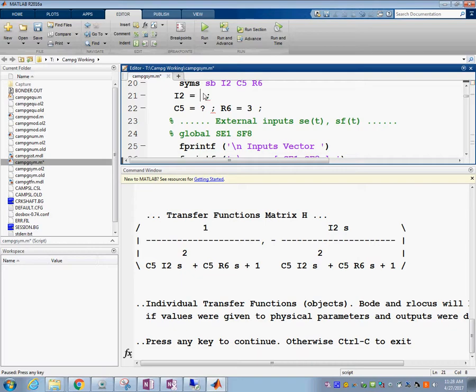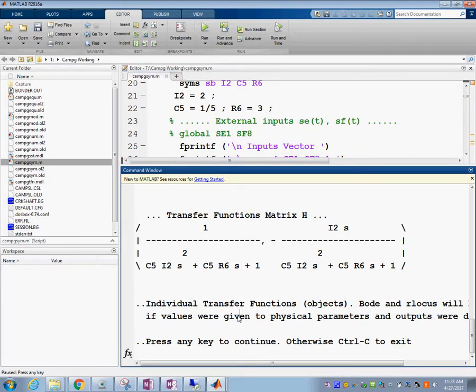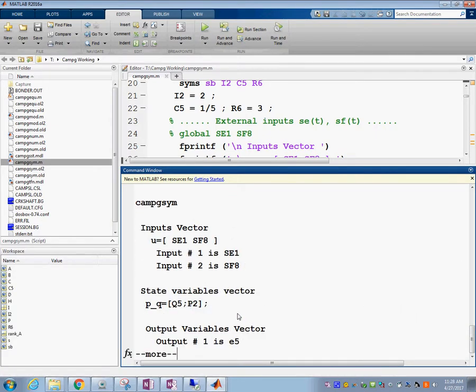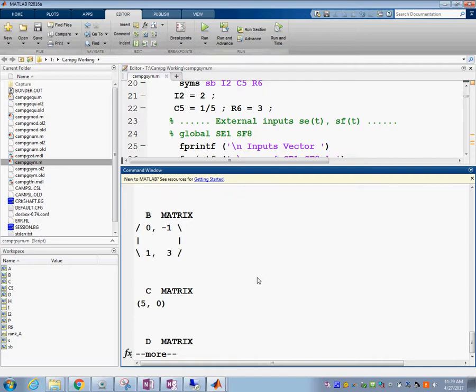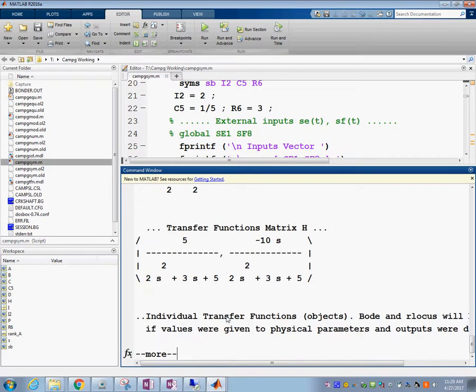And I was 2? Yeah? And this K was 5, so C has to be 1 over 5. Okay? And then if you run this, now the computer says, okay, now I have numbers. See, so the matrices are numbers now. They're not symbols anymore. And so are the two transfer functions in here.